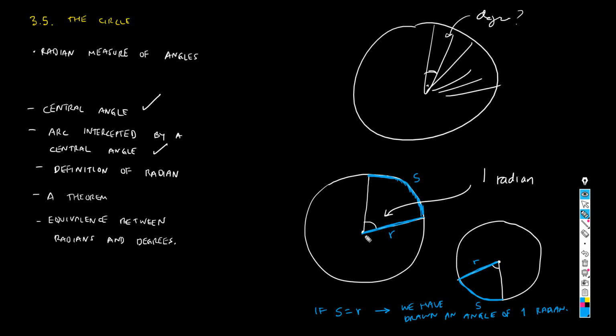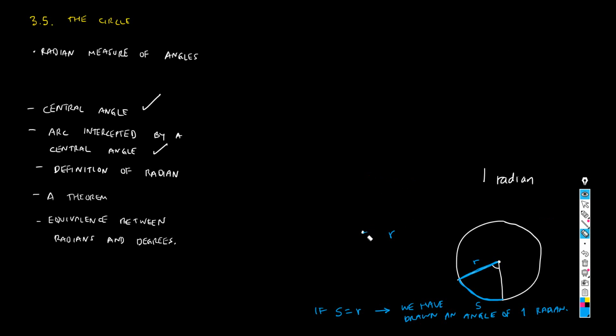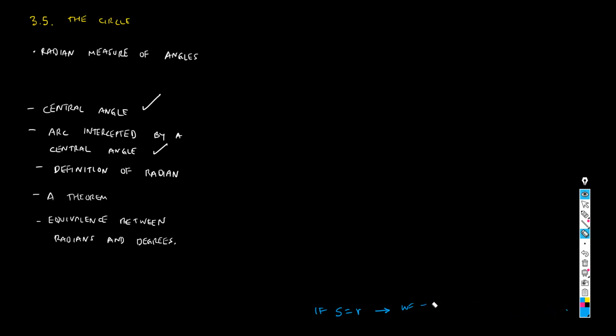If we have a circle and we have a central angle, blah blah blah. Do the whole thing I did on your own, 4, 5, 6 times until you get it. If you don't do that, believe me, you're not gonna understand the definition. So that's how big 1 radian is.